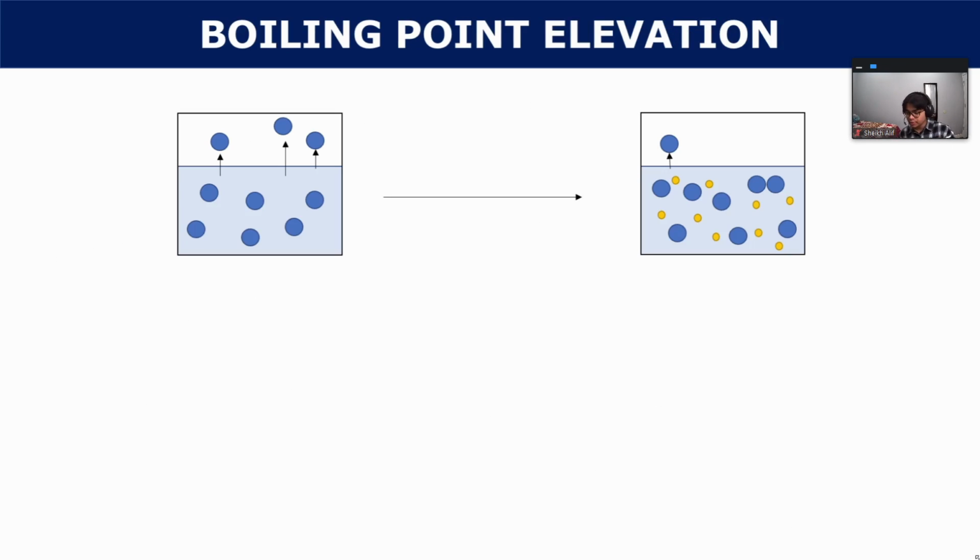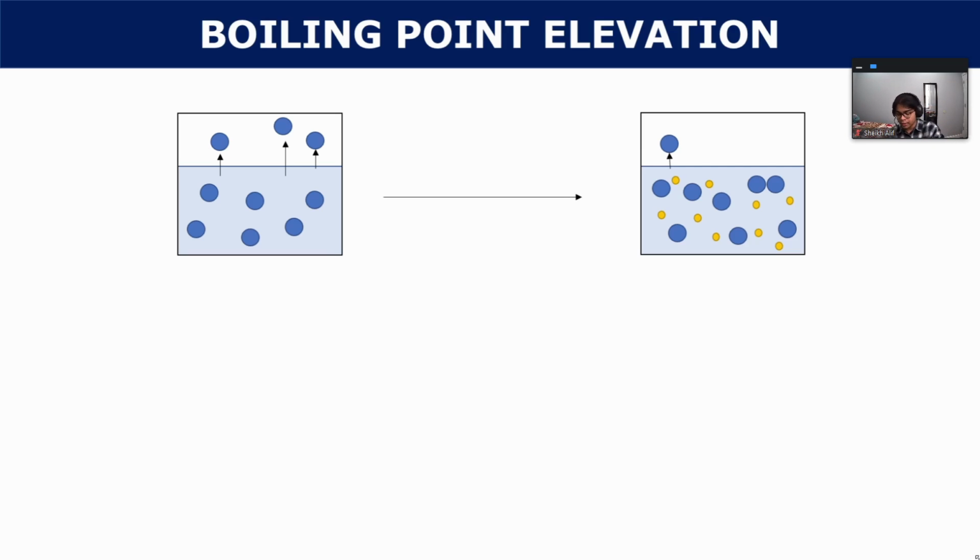Okay, so let's move on to boiling point elevation. What happens when you boil a liquid is that the molecules have a lot of kinetic energy from the heat, and so they jump up from the surface and become water vapor on the top. We'll get more into this later, but when that vapor pressure is equal to the atmospheric pressure, then you start boiling.